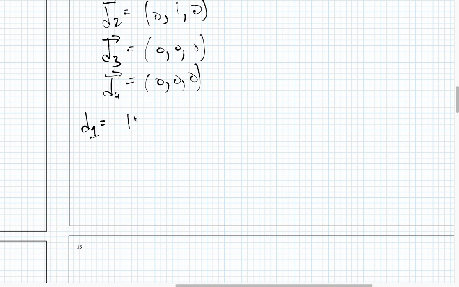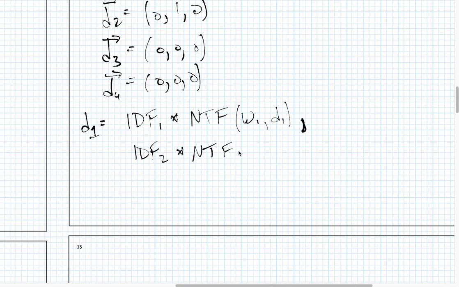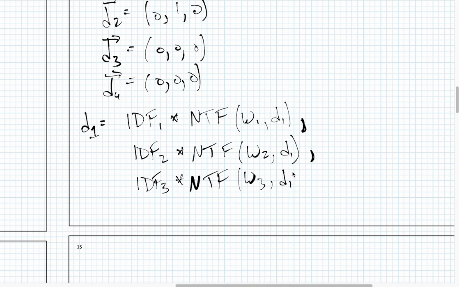It's the inverse document frequency of 1 times the normalized term frequency of W1 in D1, comma, the inverse document frequency of the second word times the normalized term frequency of the second word in D1, comma, the inverse document frequency of the third word times the normalized term frequency of the third word in the first document, like that.